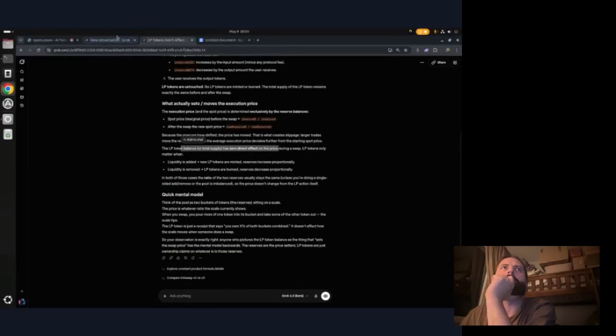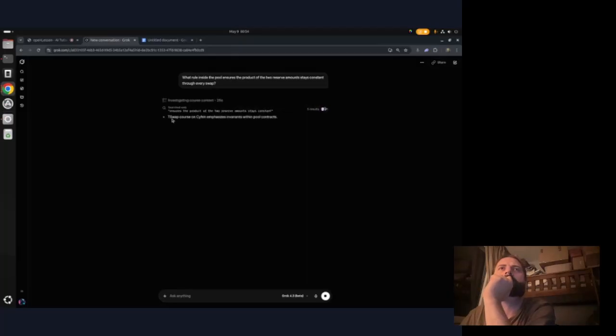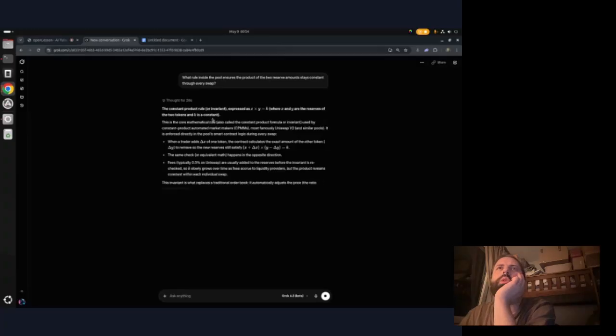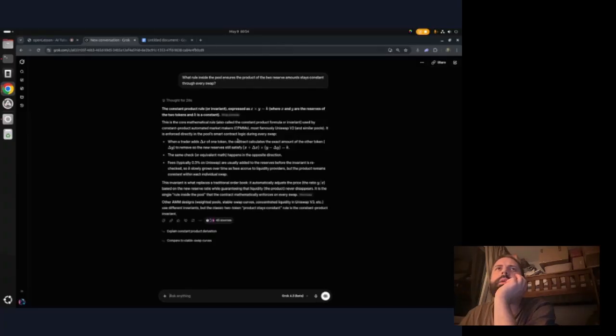Quick mental model. Okay, that's all right. The constant product rule is the core mathematical rule, the so-called constant product formula, used by constant product automated market makers.